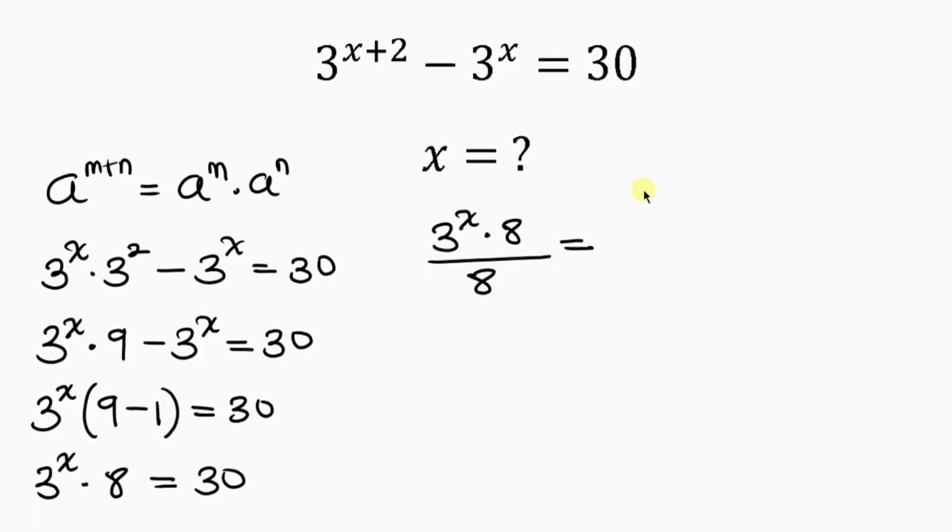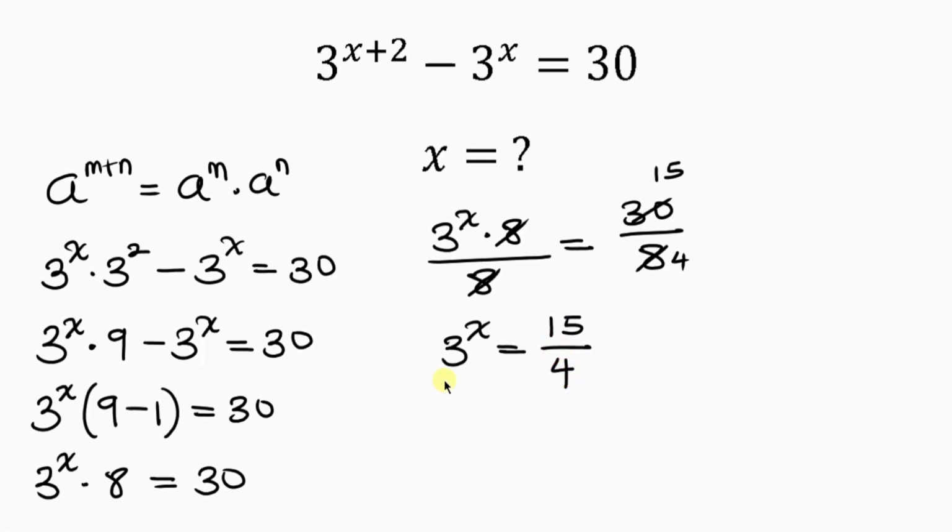This is equal to 30 on the right divided by 8. Now 8 can cancel out 8, leaving behind 3^x to be equal to, on the right hand side, 30 divided by 2 is 15 and 8 divided by 2 is 4. So we have 15 all over 4.